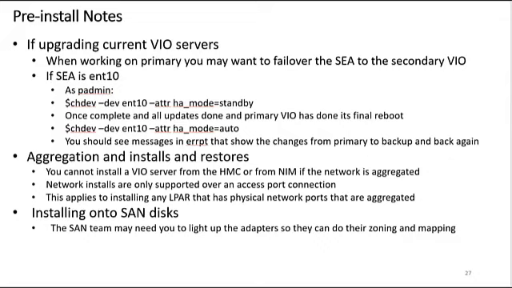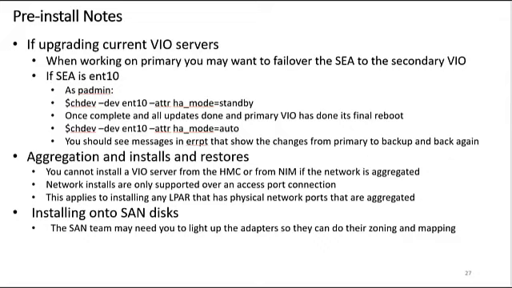And then I'll run errpt on both VIOs, and what I should see is that the secondary becomes the primary, and what was the primary is now the backup. And then when I'm done with all my updates and I've rebooted my VIO server, I switch it back to auto mode and make sure that it comes back as the primary. And what I found is that by doing it this way, it's a much quicker failover.